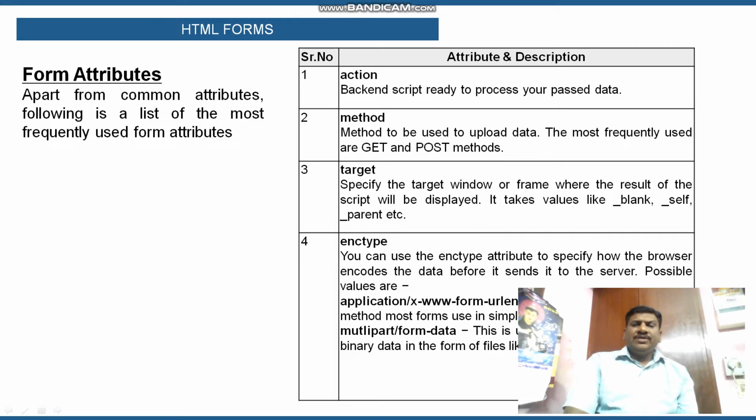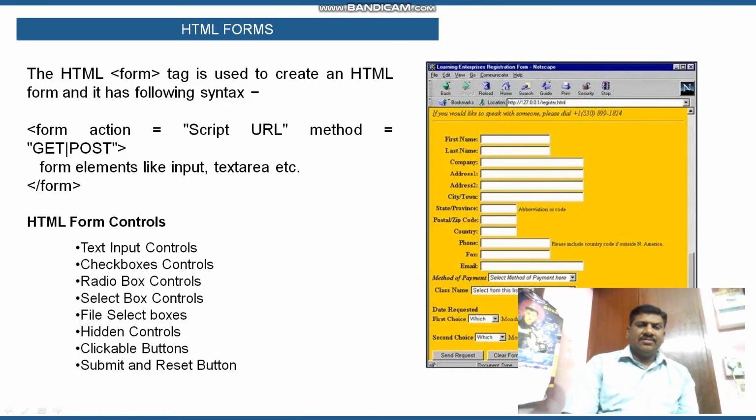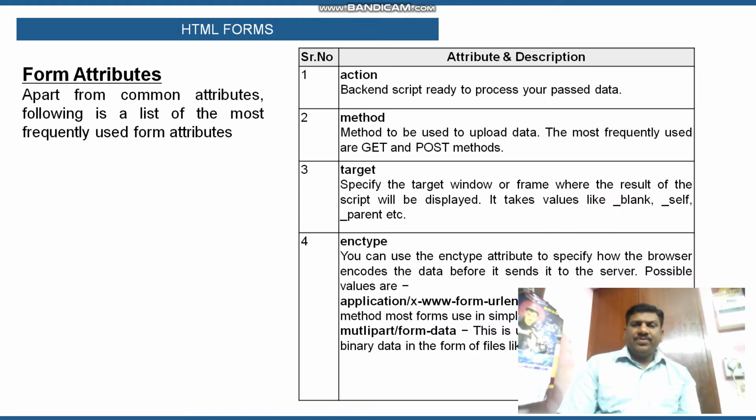Now, here are the attributes for forms. For creating a form, we came across these attributes: action equal to script URL, method equal to get or post, name equal to such and such. So what are the attributes present in an HTML form? Action speaks about the script which is going to be triggered using this form.